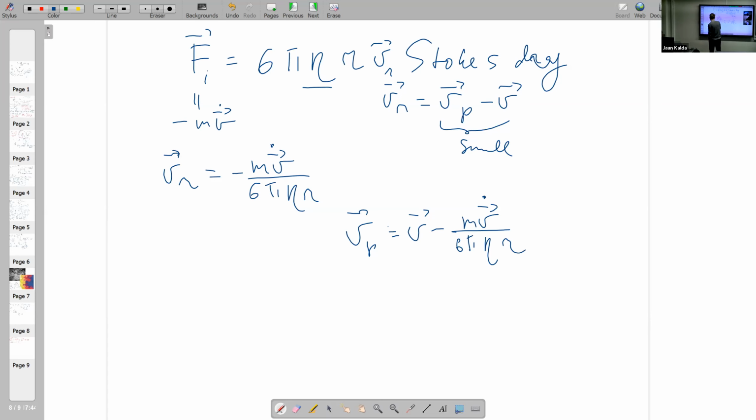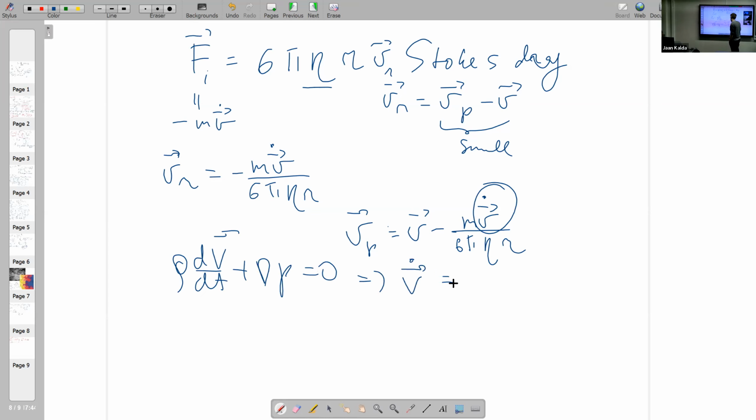We have rho dV over dt, which is exactly what we need, as long as we neglect the viscosity, plus gradient of P equal to 0. So V dot is minus gradient of P divided by rho. And now let us plug in here.